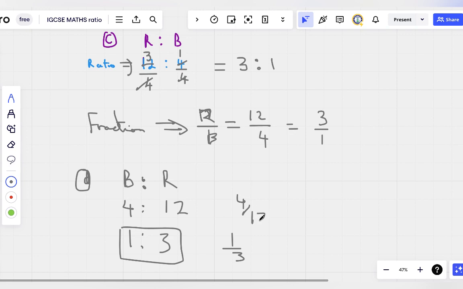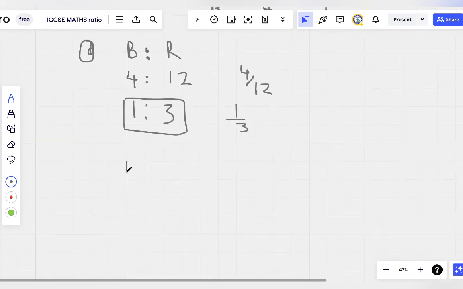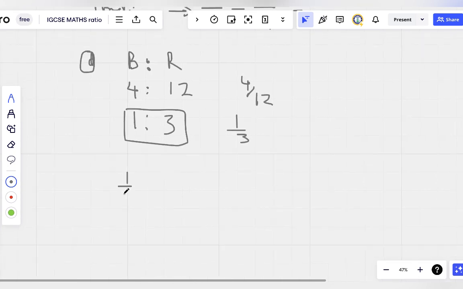They can ask you what's the percentage of blue to red cars. What percentage does it stand for? Okay, blue to red in percentage. So if I want to put this in percentage, I will say 1 all over 3 or 4 over 12. Not only in fraction, we can also put it in percentage.